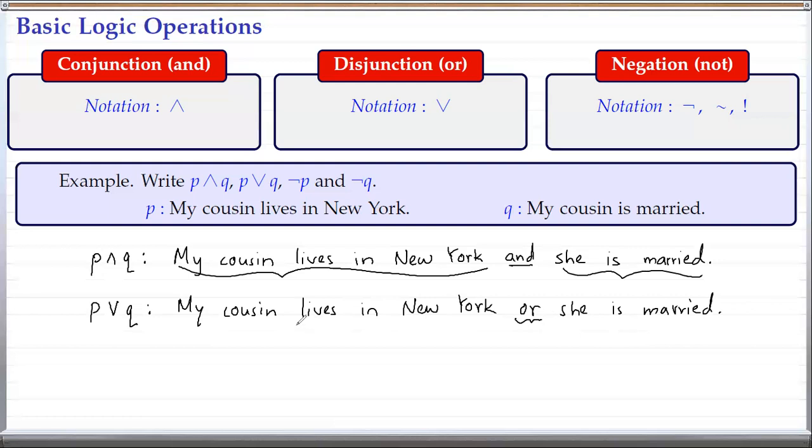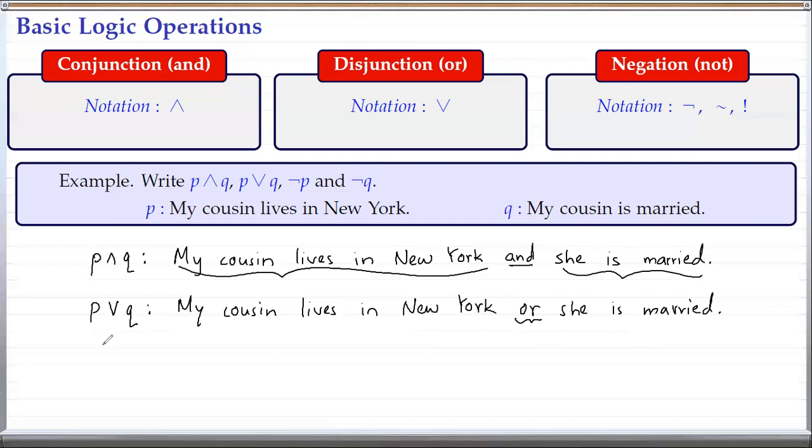Your cousin may be living in New York but may not be married, and the statement is still fine. The other possibility is your cousin does not live in New York, lives elsewhere, but she is married. And the third possibility is both of these are happening. Your cousin lives in New York and she is married. So all of these cases are included in or.